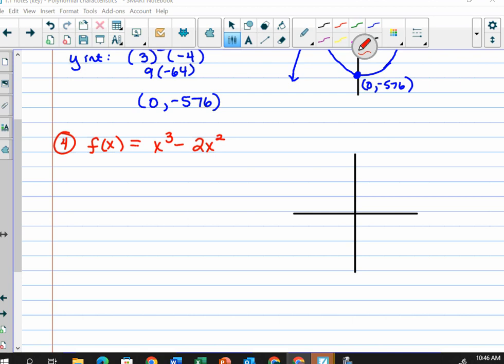You sure can, yeah. If you want to get the degree from standard form, that's easy, right? It's just the biggest exponent, so you can start there.